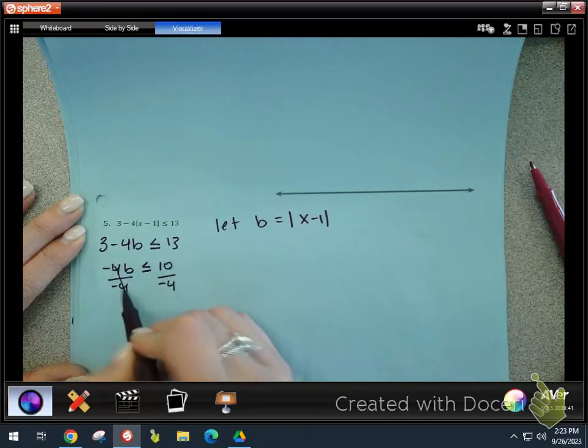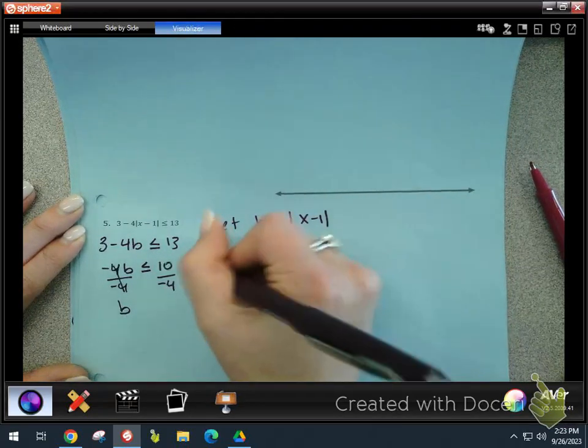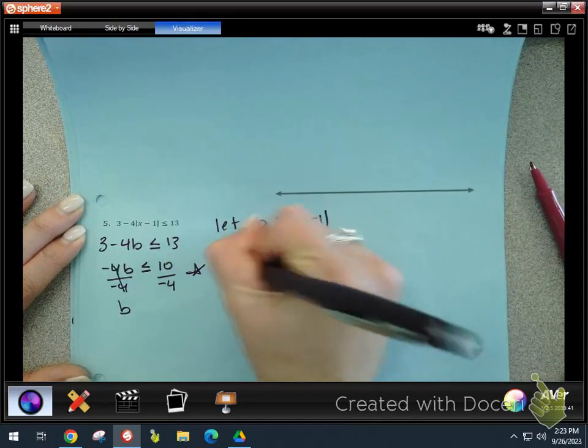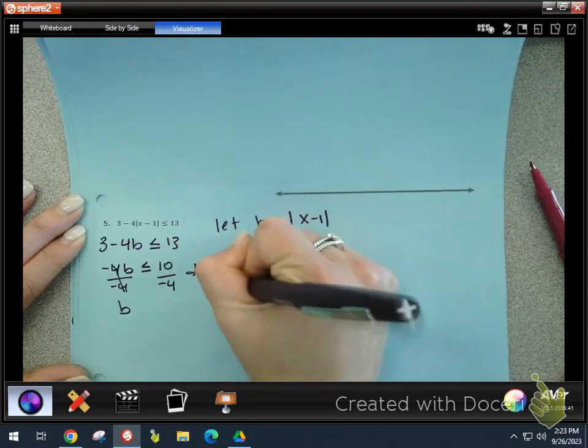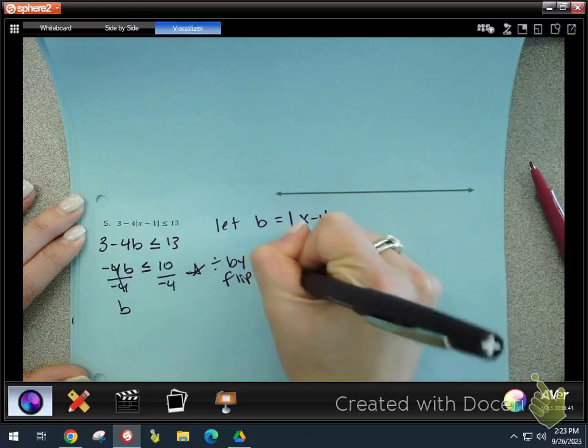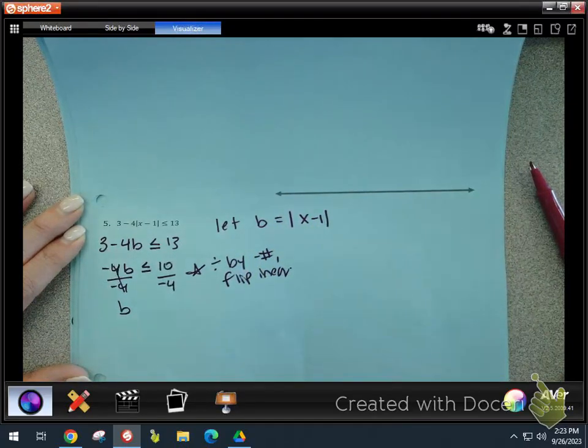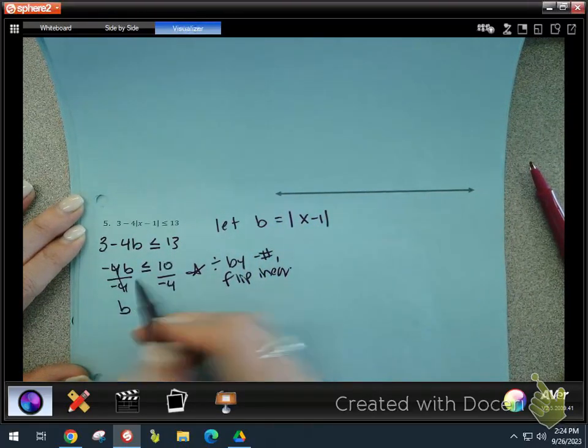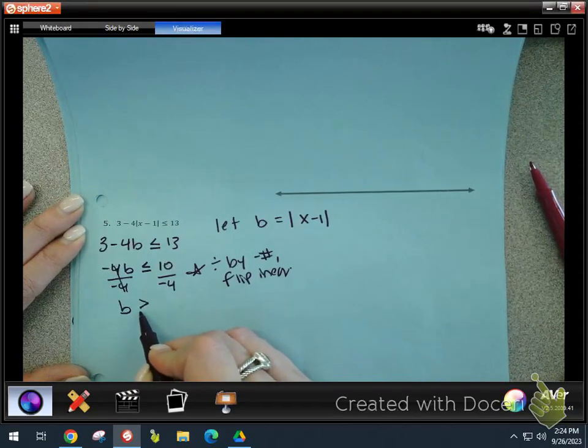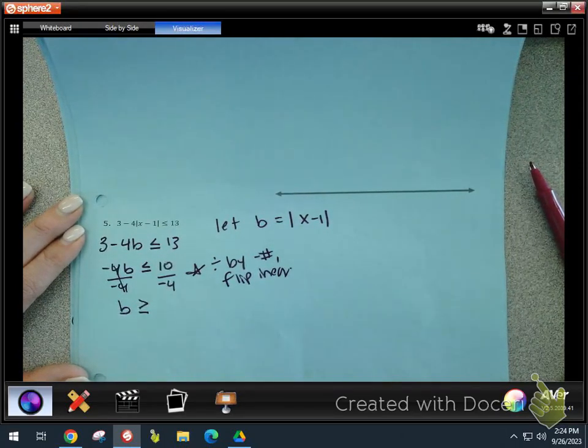So what has got to happen to your inequality sign because you divide by a negative? Divide by a negative number, you've got to flip the inequality sign. So this less than or equal to is going to become a greater than or equal to. And then this number, can we reduce this? Negative 5 over 2. Okay?